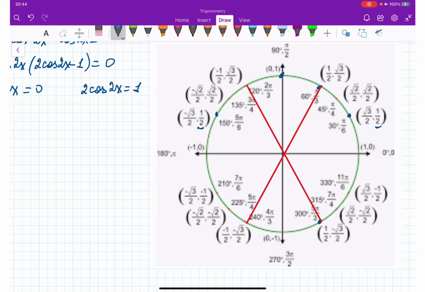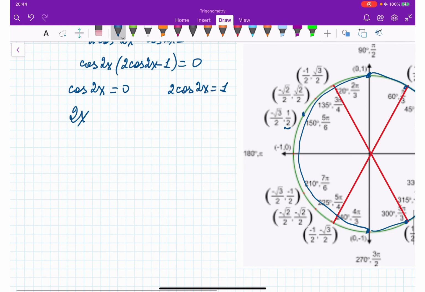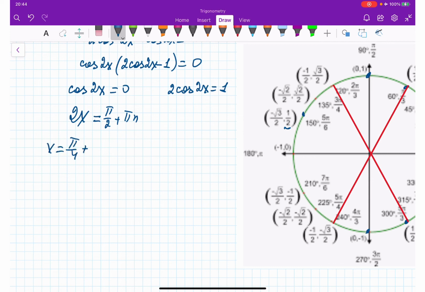And it's gonna be 2 pi over 2, which means we're gonna rotate by 1 pi, right? 1 pi here, 1 pi there. So it's gonna be 2x is equal pi over 2 plus pi n. And from here, x is equal pi over 4 plus pi over 2 n.